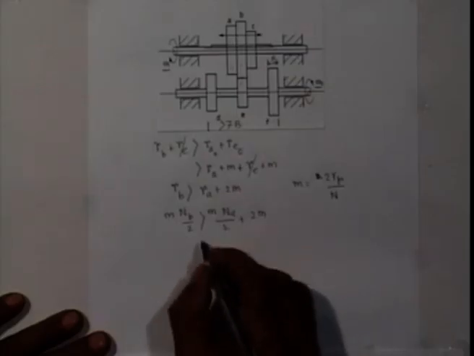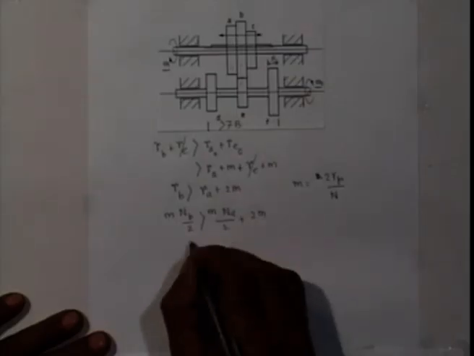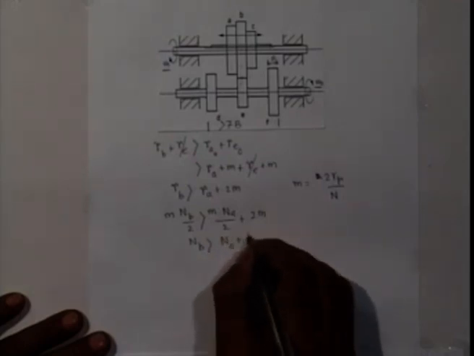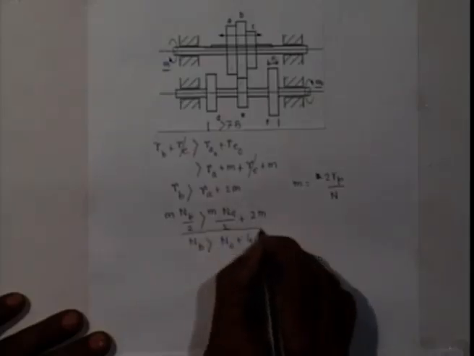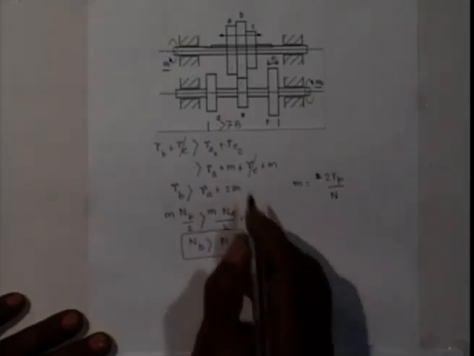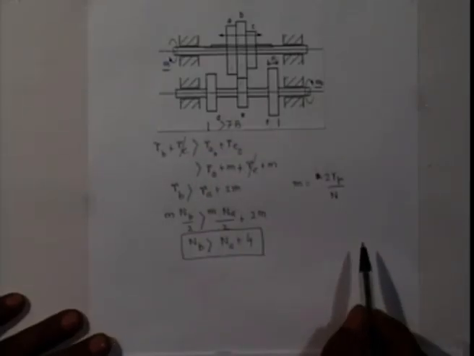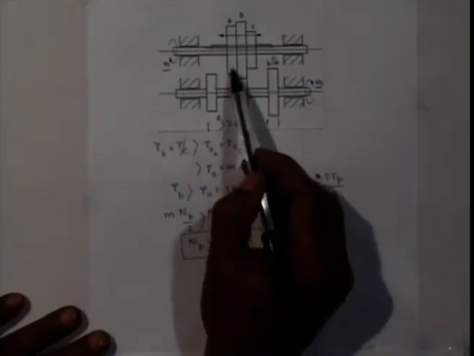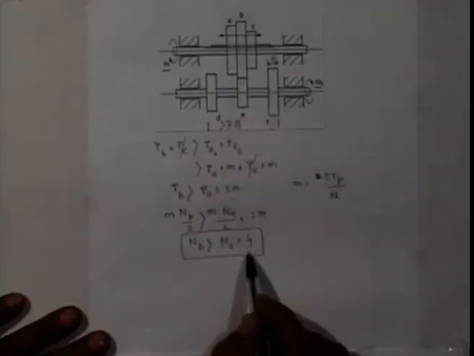So if you cancel m, I get NB should be greater than NA plus 4. So for designing such sliding cluster gearboxes, one has to ensure that the minimum difference in number of teeth between these two adjacent gears on a cluster is at least 4.